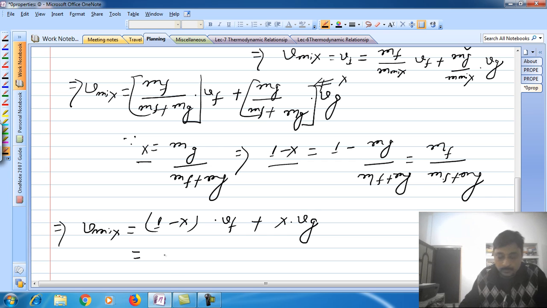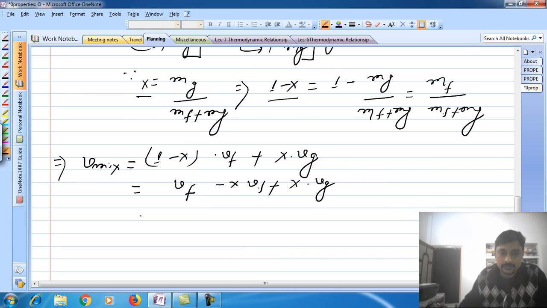This is equal to the specific volume of fluid minus x times the specific volume of fluid plus x into the specific volume of vapor. If you arrange this equation, you will get the specific volume of fluid plus, if you take x common, the specific volume of vapor minus the specific volume of fluid.